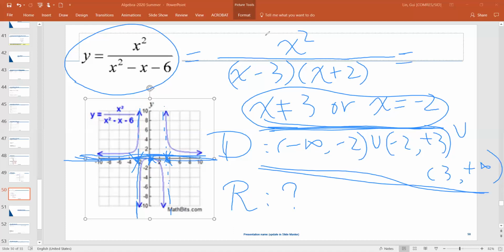When x equals 3, this one became 0, here became 9, right? x cannot equal -2. -2 here and -2 over 0. So definitely there is somewhere not touching. So I keep a question here for next week, all right? Let you guys find out what's the range of this, which part. Maybe a little bit challenging. Just keep thinking, brainstorm yourself.